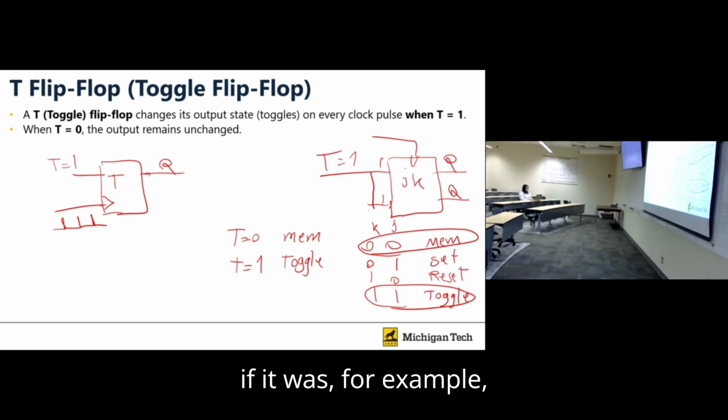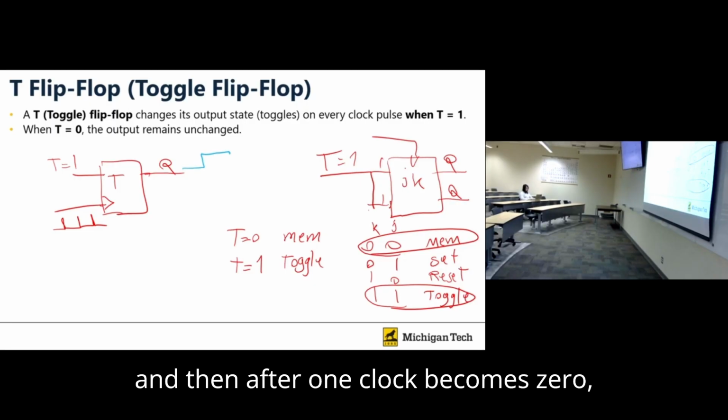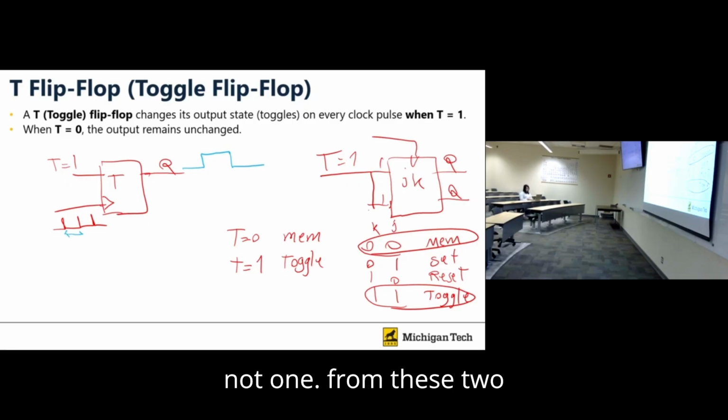So if it was, for example, 0 first, it becomes 1. And then after one clock it becomes 0. Not one clock, I think, from this to this. And then this.